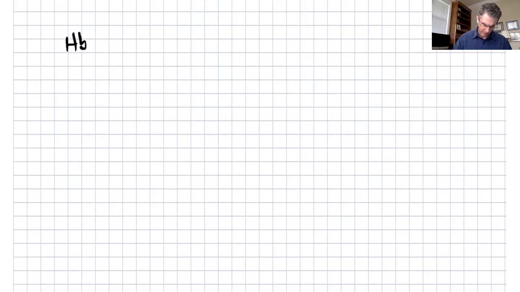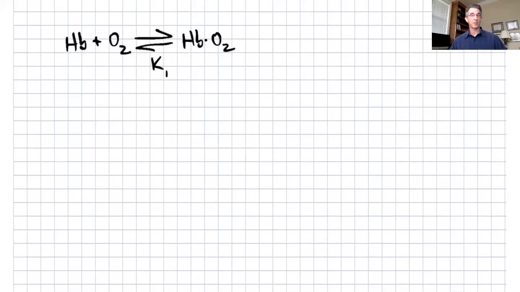I know I got 4, so we're going to bind 1, and then we've got hemoglobin O2, and we're going to have a dissociation constant. So now this is closer to what we think of as a dissociation constant. Only got 1 ligand.